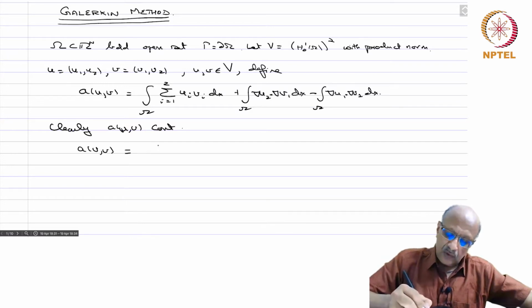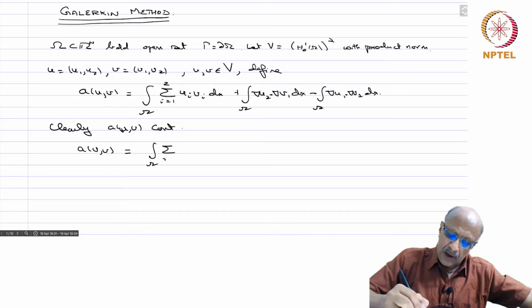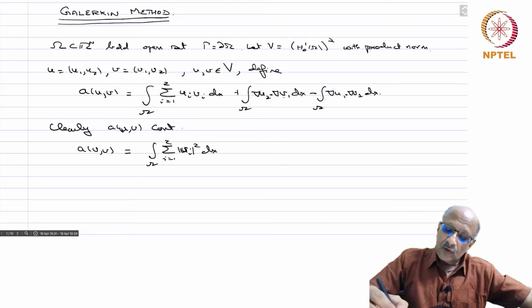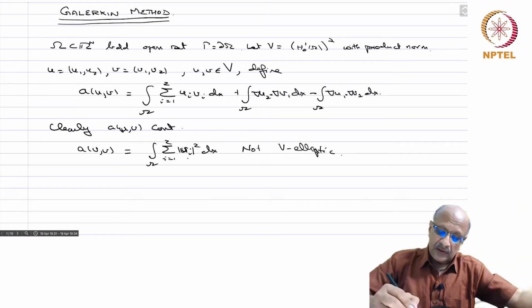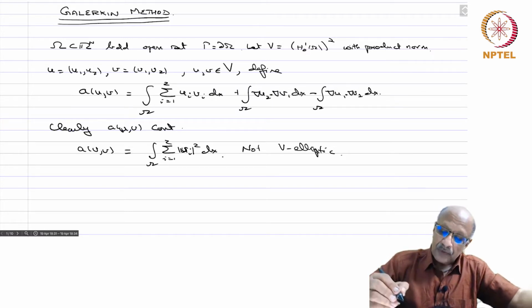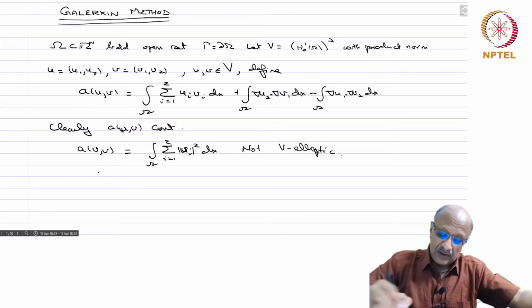That will be equal to the integral on omega of the sum over i equals 1 to 2 of mod vi square, and then grad v2 dot grad v1 minus grad v1 dot grad v2 will cancel, and therefore this is not V-elliptic, because we cannot bound the L2 norm from below by the H1 norm. That is not possible. So this is not an elliptic thing, and by the normal course of things you cannot use the Lax-Milgram lemma.